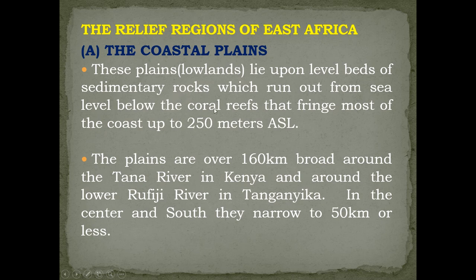And as you observe, you can try to look at some characteristics of this area. One, we've already said, this area comprises sedimentary rocks, which are mainly formed due to deposition of the river and the ocean. Two, this region is also characterized by coral reefs, geographical features which are found along the coast.